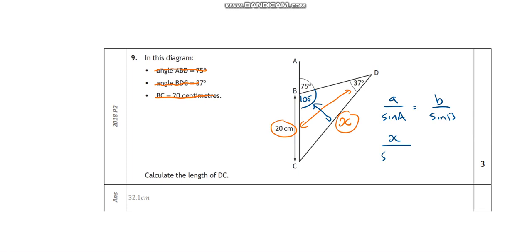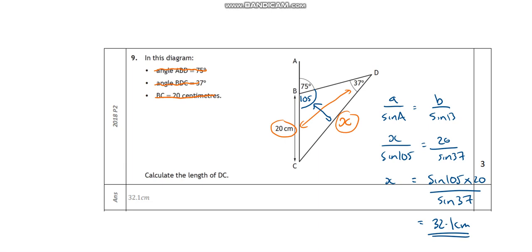So that's x over sine of 105 equals 20 over sine of 37. To move the sine 105, I need to times both sides by sine 105. It's going to be sine 105 times 20 divided by sine of 37, which will come out as 32.1 centimetres.